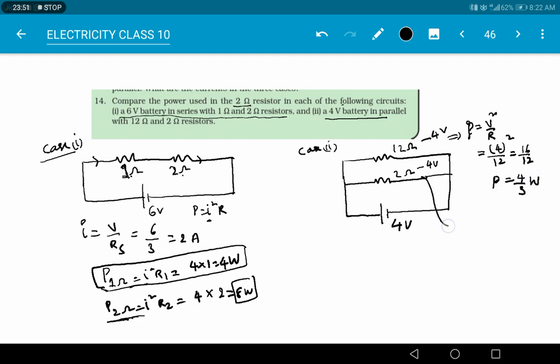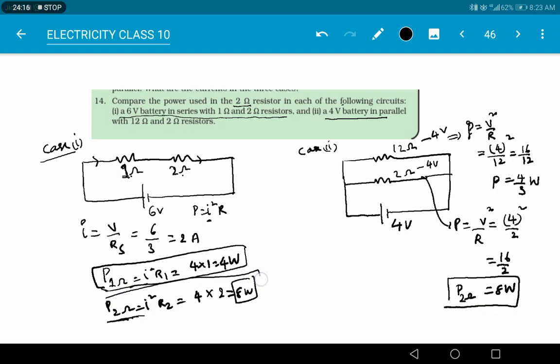Next, across this, V square by R, so 4 square by 2, 16 by 2, 8 watt. That means power consumed by the 2 ohm resistor in both combinations is the same. That means P in case 1 is equal to P in case 2.